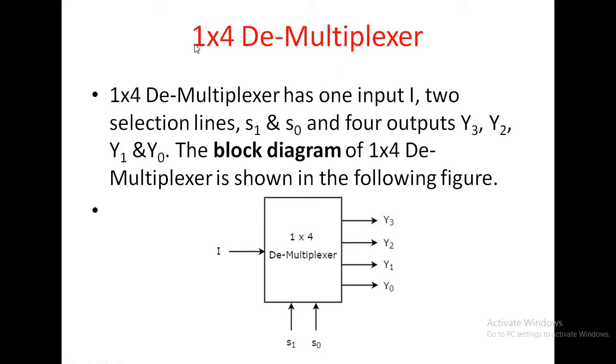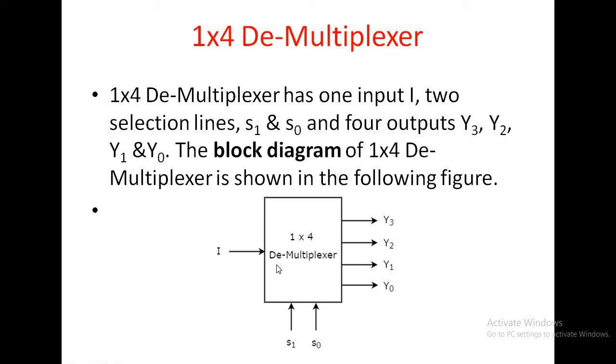The opposite is the 1 cross 4 demultiplexer, which means one single input line and 4 output lines are present. This denotes my input line and this denotes my output lines. 1 means single input line, 4 means 4 output lines are present.